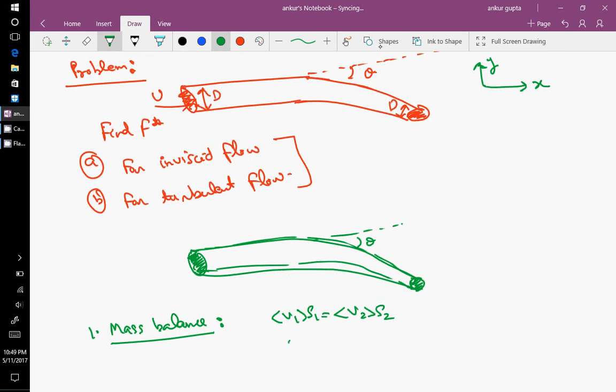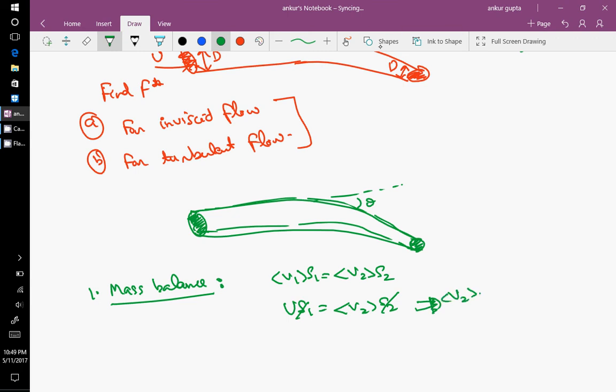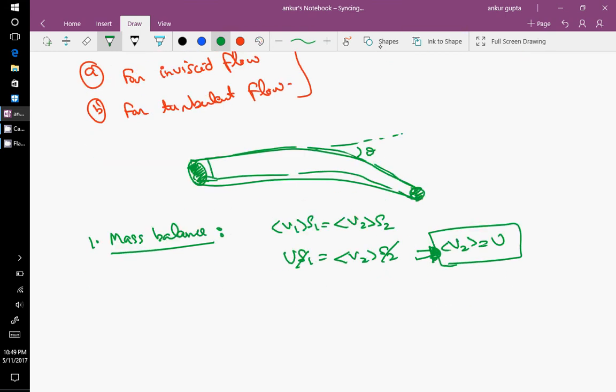And V1 is U, because this has been given to us that the velocity is U. So U S1 equals V2 S2, and that is quite straightforward, but still just to clearly write this through formal derivation, if the diameter is d, S1 is equal to S2 for both inlet and outlet.